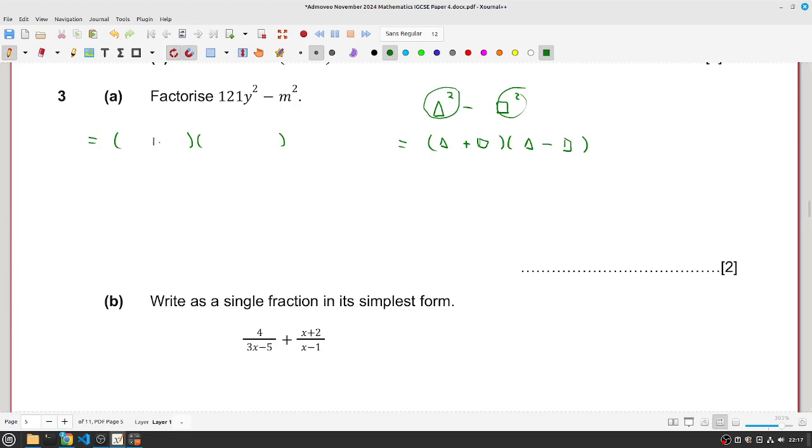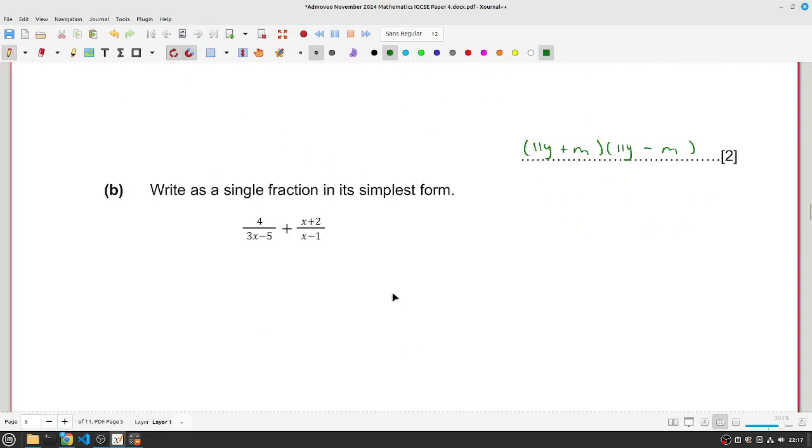One will get a plus, one gets a minus. And then the square root of 121y squared is just 11y. So 11y, 11y. And then the square root of m squared is just m. And that's it. As simple as that. Let me just move this over here to the answer section. There we go.